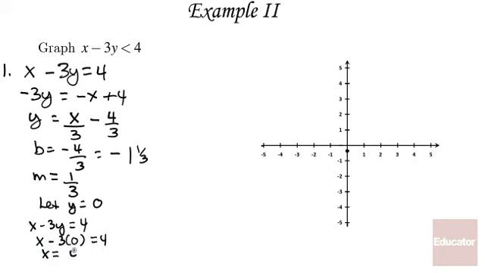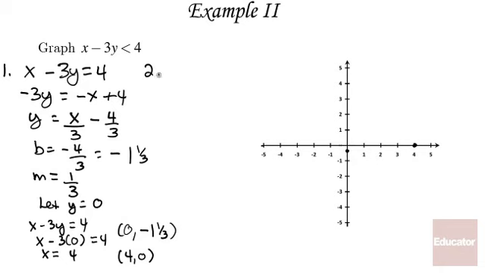X equals 4. So that gives me a second point of 4, 0. So I have 2 points that I can graph. I have 0, negative 1 and 1/3 right here, and I have 4, 0. All right, I found the points to form this line.